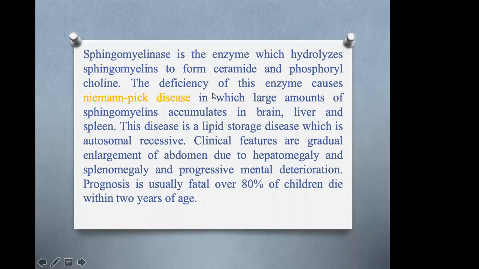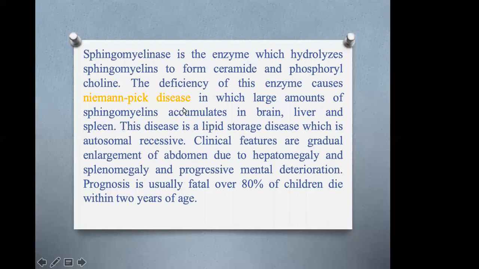Multiple sclerosis is another disease which arises from deficiency of sphingomyelin. But when sphingomyelin is increased in our nerves, brain, liver, and spleen due to deficiency of sphingomyelinase, the disease is called Niemann-Pick disease.